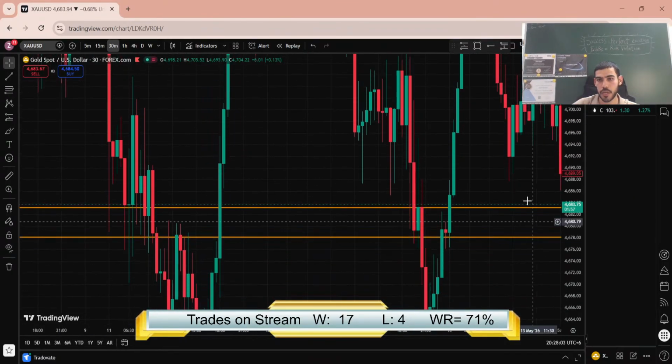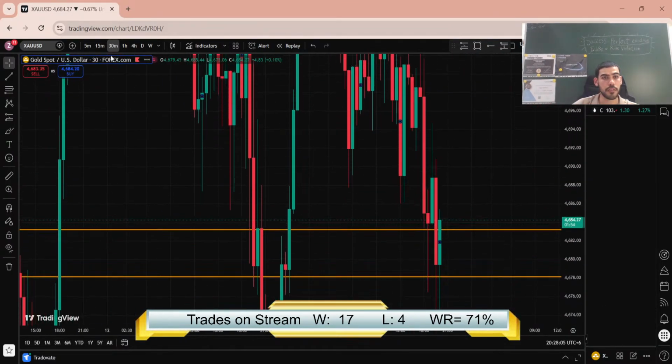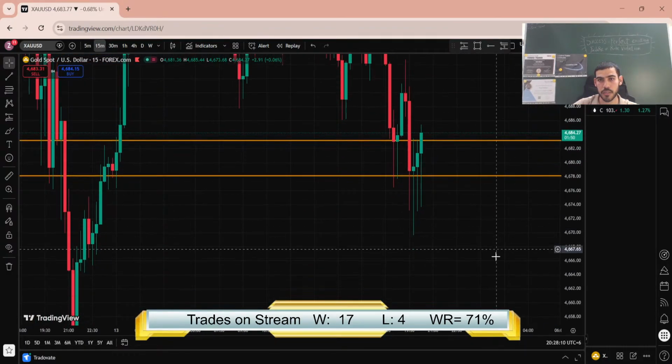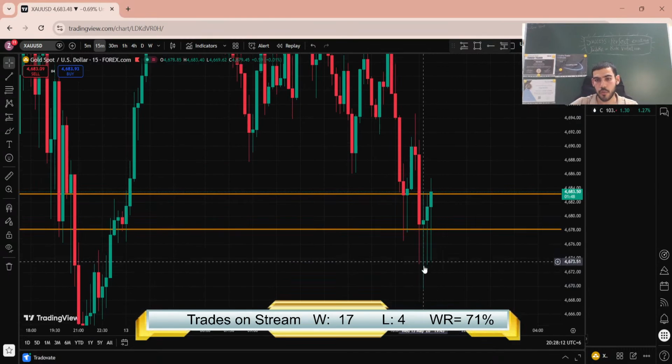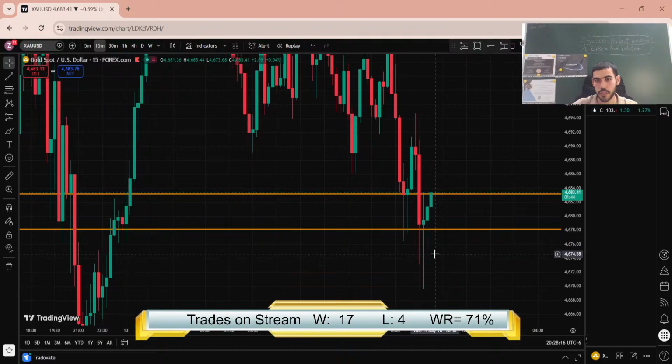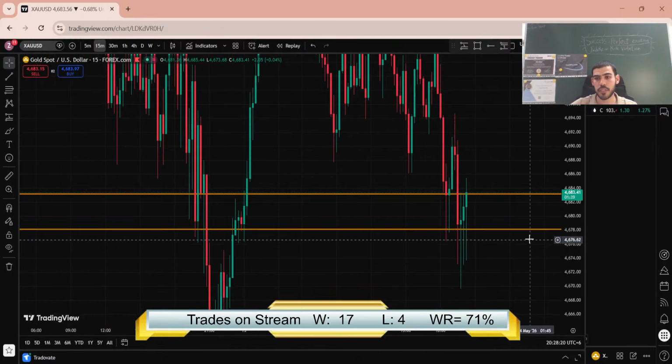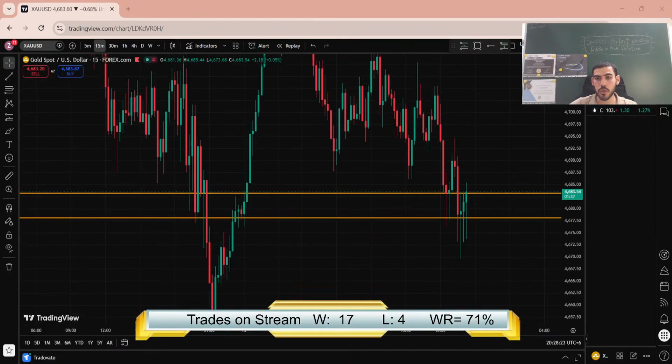It's a rejection area, so I believe it's going to be good for buys. And look at this interesting rejection. We have 1 2 3 4 5 6. This is the 6th candle that is rejecting from this area, which is also increasing our probability for this trade.